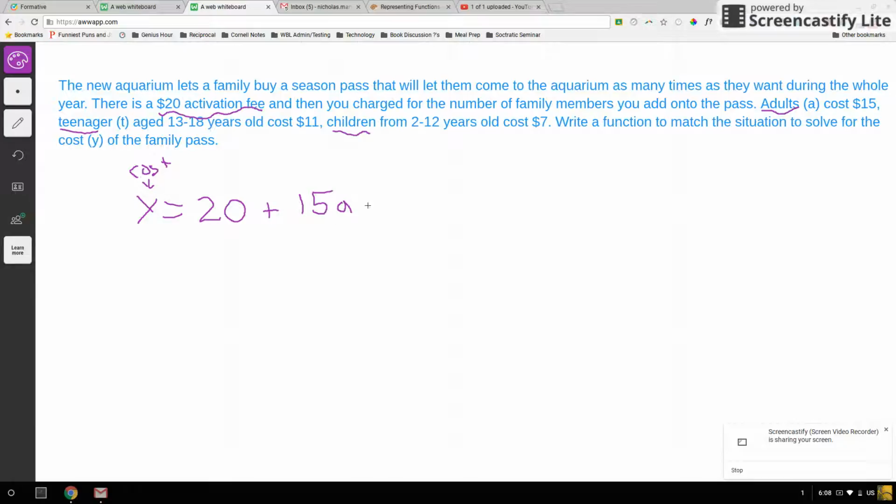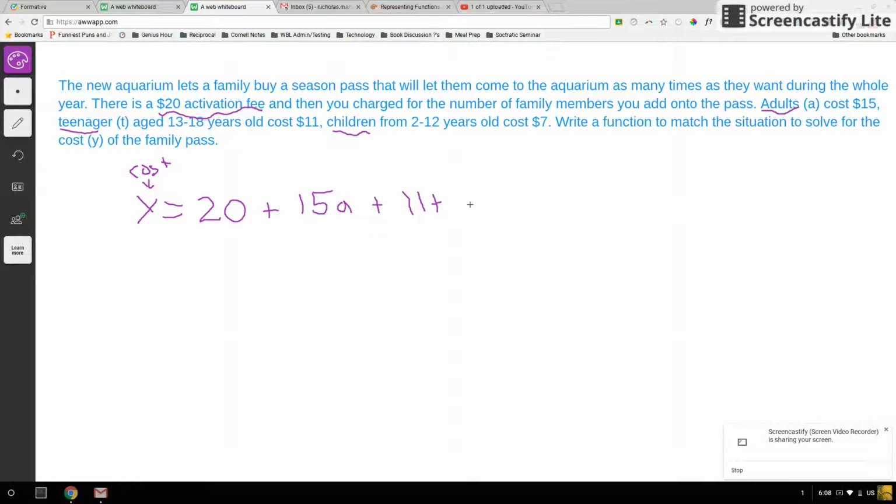We've added the adults. Now we have to add on the teenagers. Teenagers cost $11 for everyone you add on to the pass, and they wanted us to use t for that. So it'd be adding 11t, because we'd take 11 times the number of teenagers we had in our household. If we had 3, then we just multiply 11 by 3. If we had 1 teenager, 11 times 1. If we had no teenagers, it would be 11 times 0.